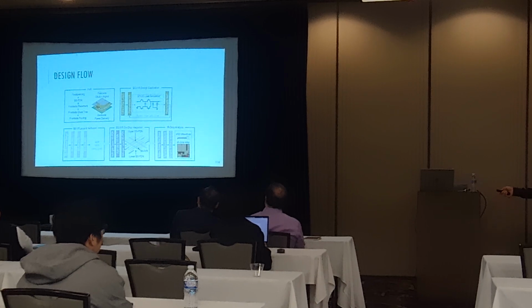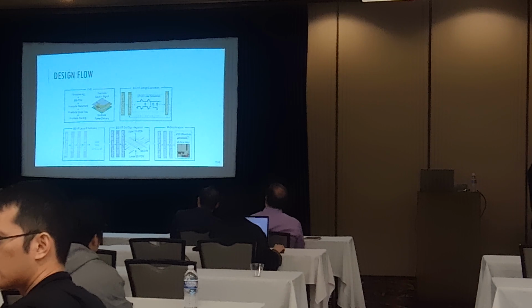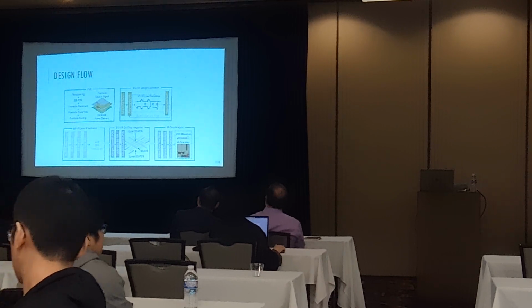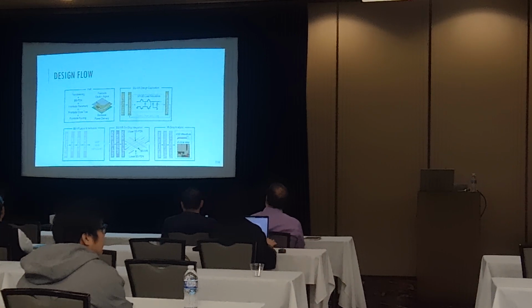Then, when we're happy with the simulation results, we start doing the layout. We lay out the IVR devices and integrate them into the backside, where we have already routed the PDN wires, and we integrate the IVR too.